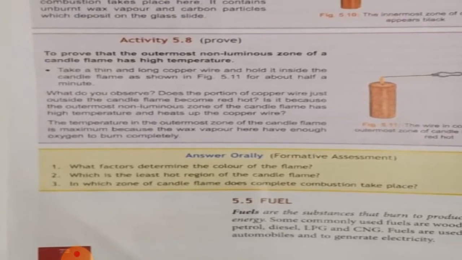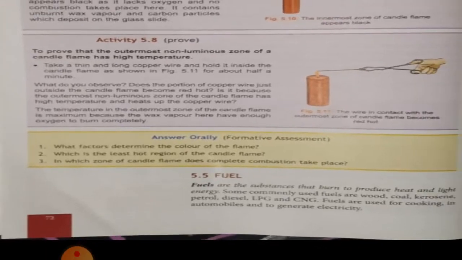What do you observe? Does the portion of copper wire just outside the candle flame become red hot? Is it because the outermost non-luminous zone of the candle flame has high temperature and heats up the copper wire? So, what do you observe?